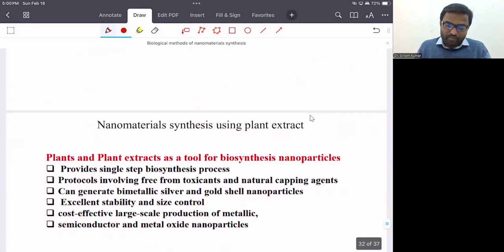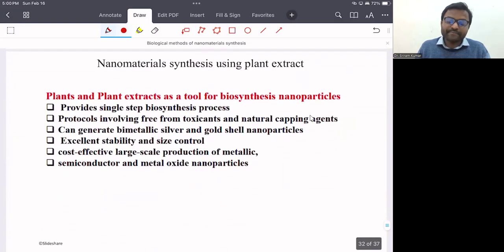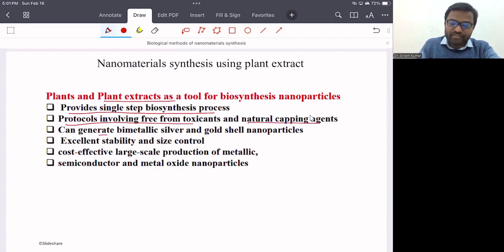That is a very important aspect of nanomaterial synthesis. Here, a plant and a plant extract provide a single-step biosynthesis process, and this protocol is free from toxicants and has a natural capping agent, and can generate bimetallic silver and gold shell nanoparticles, with excellent stability and size control, cost-effective, large-scale production of bimetallic nanoparticles. And we can synthesize different kinds of nanomaterials, maybe metal oxides, maybe semiconductor nanomaterials.